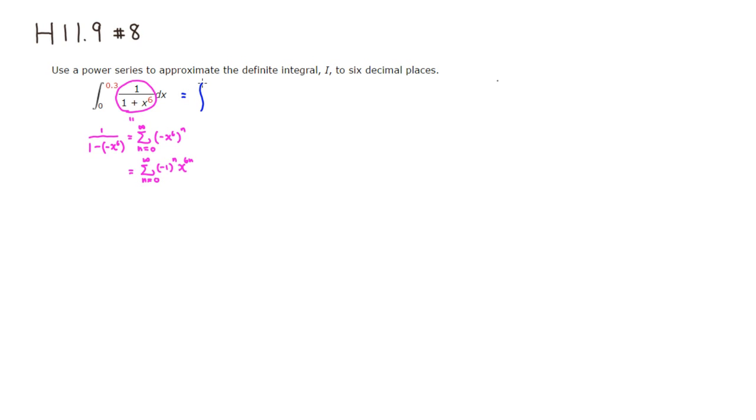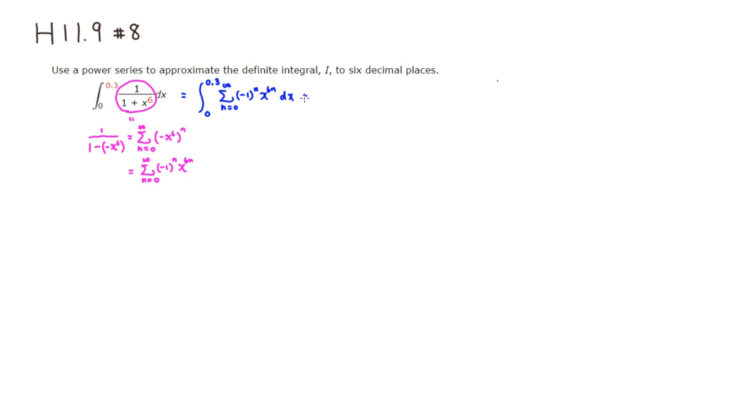So it's the integral from 0 to 0.3 of the summation, n goes from 0 to infinity, of negative 1 to the n times x to the 6n, with respect to x.